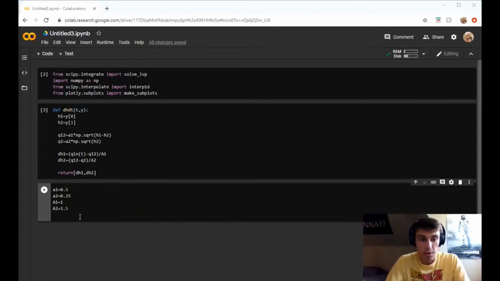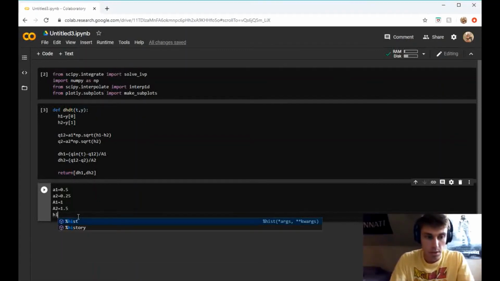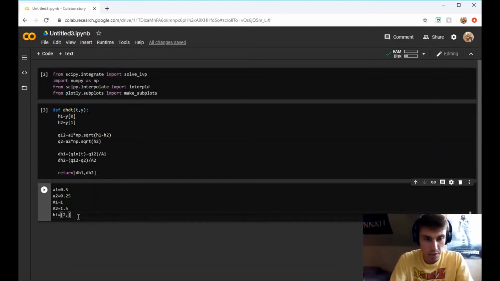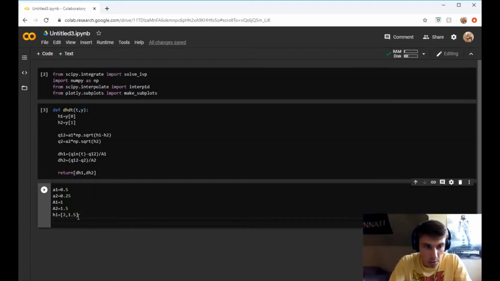So now going on from here, we put the initial height. The initial height of tank 1 is 2 meters, and the initial height of tank 2 is 1.5 meters. We're going to say that T end, which is how long our system is going to run, is 100 seconds.